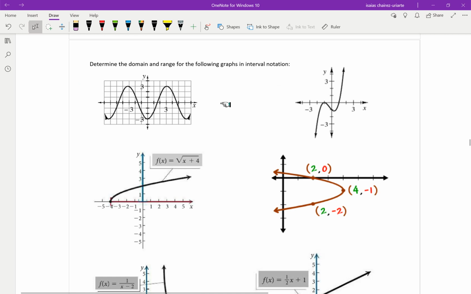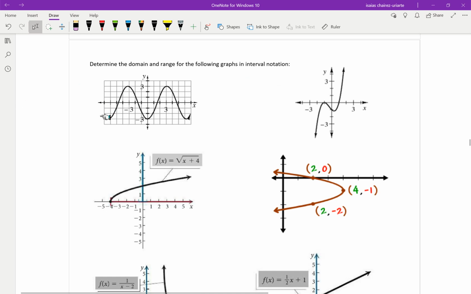Notice that a lot of these little graphs have little arrows at the end. What that arrow indicates is that this pattern keeps on going forever, either to the left or to the right or up or down. So how far to the left does this graph go?